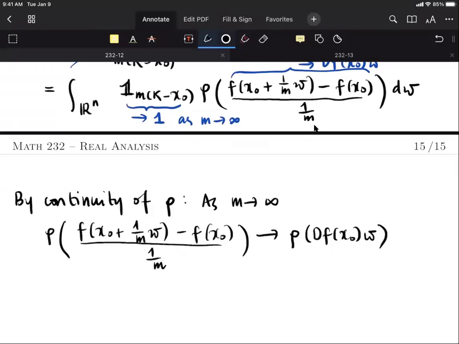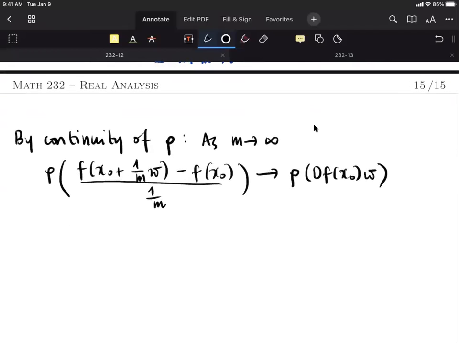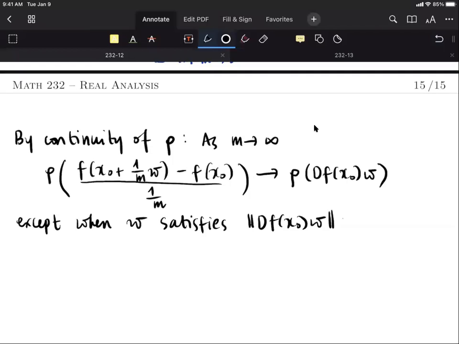So a continuous function is convergence preserving, except when w satisfies that the norm of the directional derivative is equal to 1.